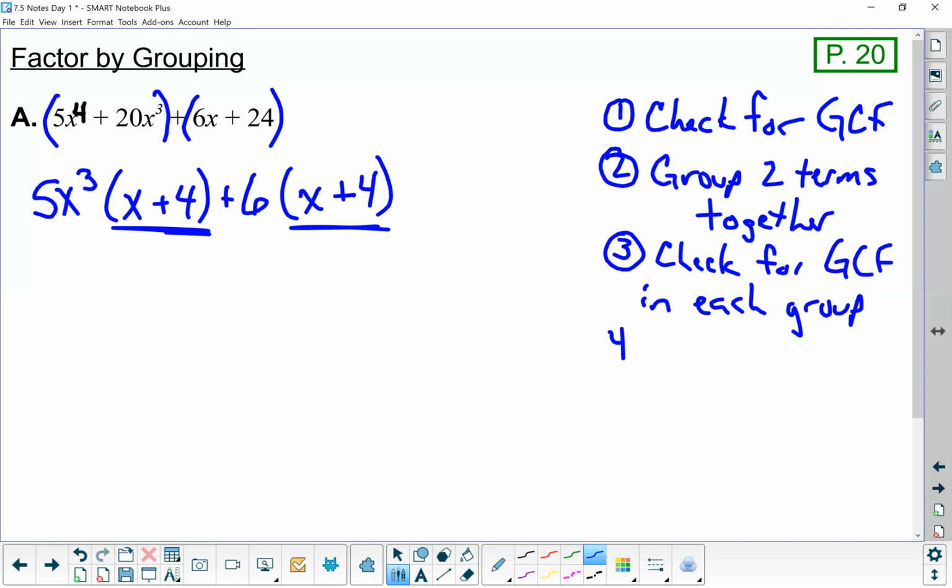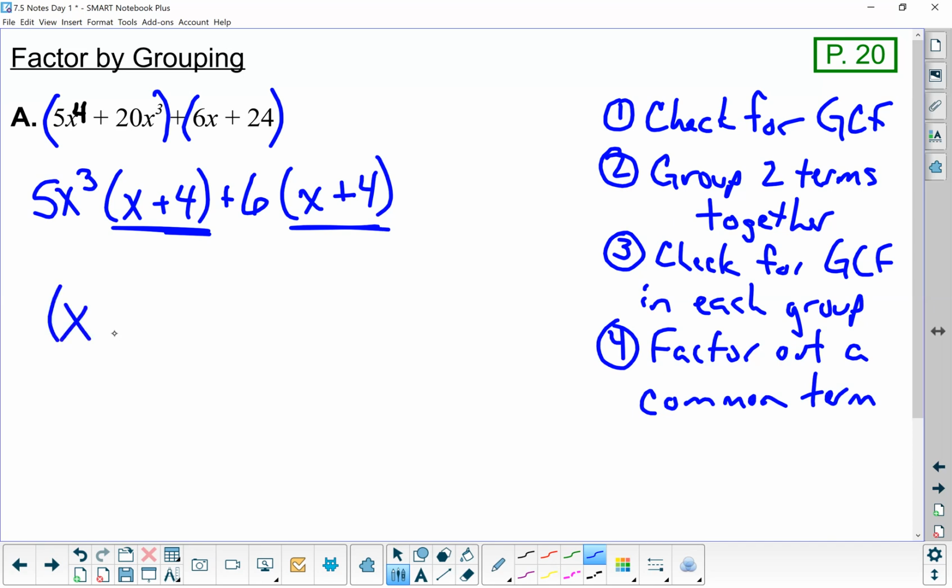So the next step, factor out a common term. So we're going to take out the x plus 4. And what we have left when we remove the x plus 4, we have 5x to the 3rd plus 6.